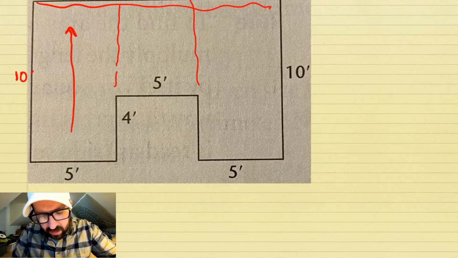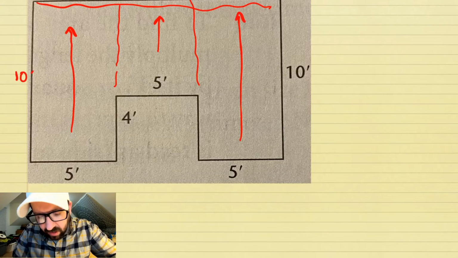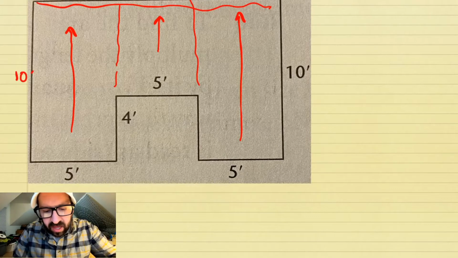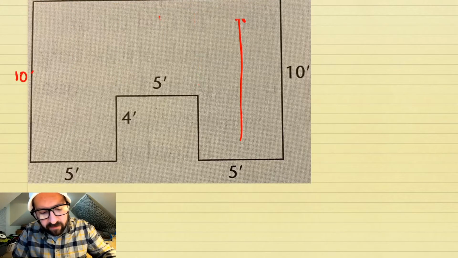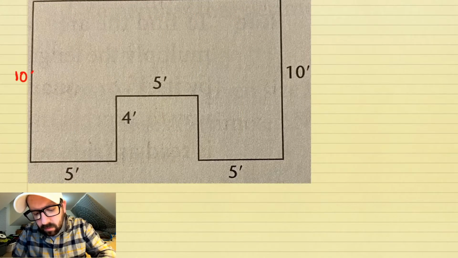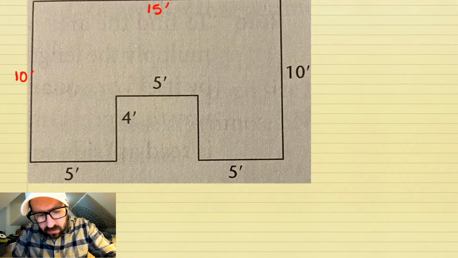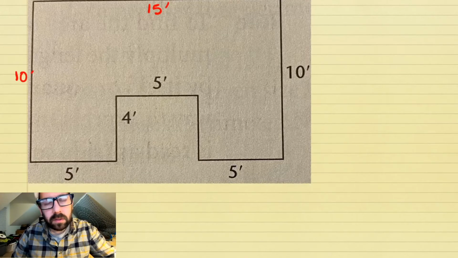If I put these hash marks I had in earlier, the 5 and the 5. So adding these 3 up, this is 5, 5, and 5, that makes that total length across the top 15. That's a total of 15 feet all the way across the top, because it's 5 plus 5 plus 5.